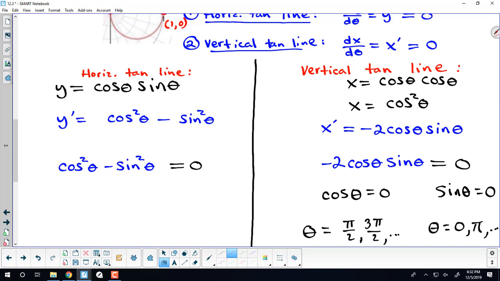So what do we do about solving cosine squared minus sine squared equal to 0? Do we remember an identity for that?